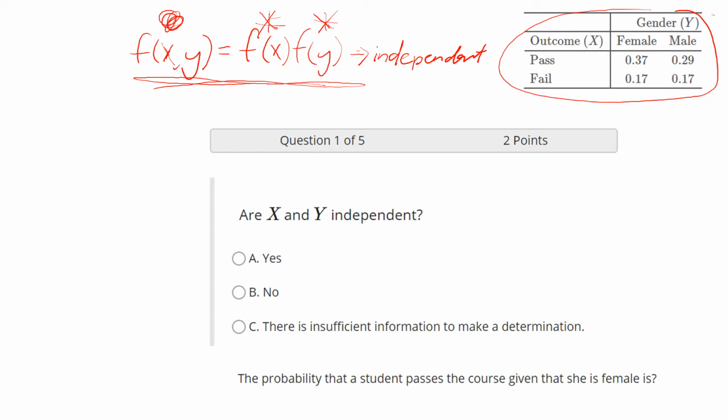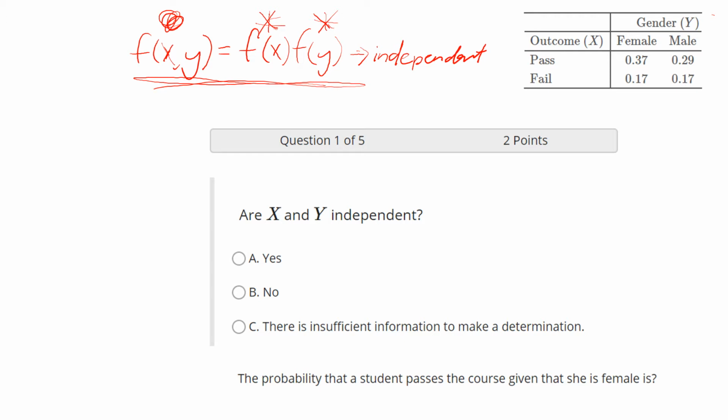Let's start with Y. So the marginal density of Y is given by the sum over all possible outcomes of X. So for female, we have to sum over pass and fail.